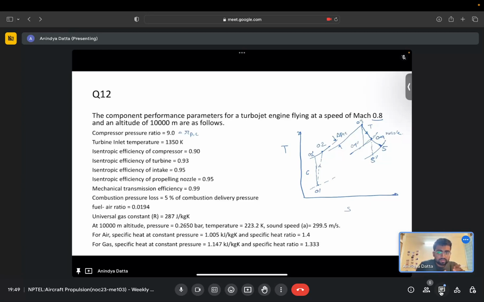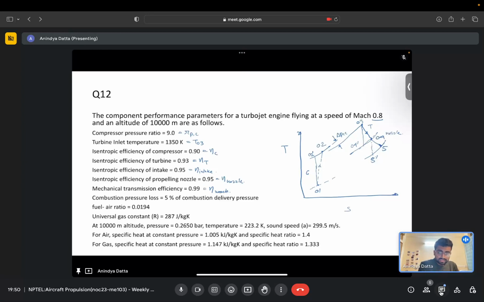So our compressor pressure ratio RPC is 9, and the turbine inlet temperature is 1350 Kelvin, that is T03. Isentropic efficiency of the compressor is 0.9, eta C. Isentropic efficiency of the turbine is eta T, of the intake eta intake, and of the nozzle eta nozzle. Then we have the mechanical efficiency, eta mech.